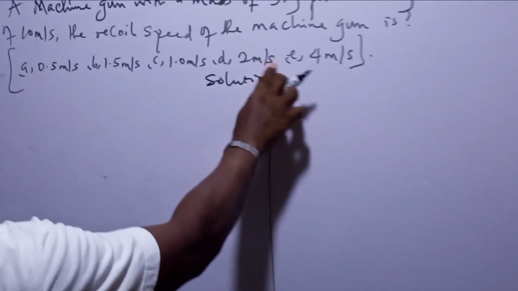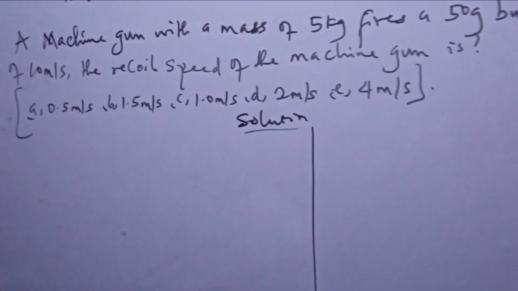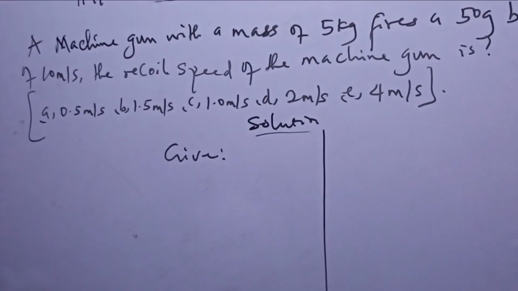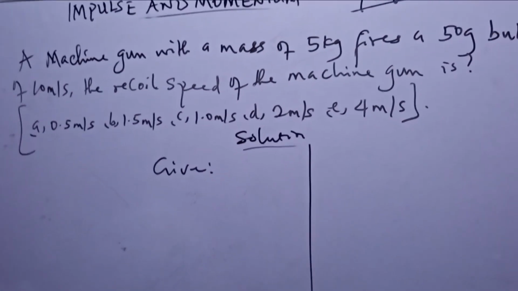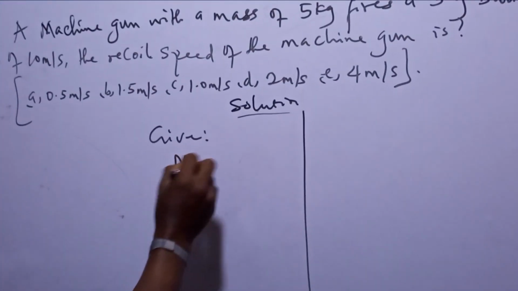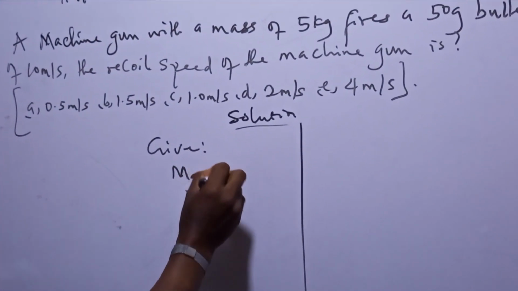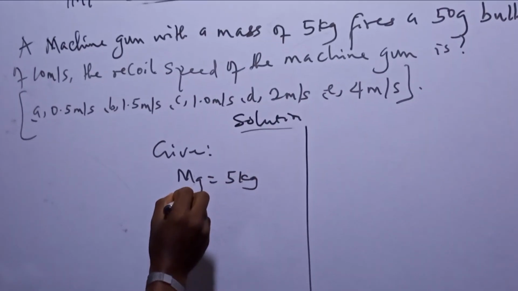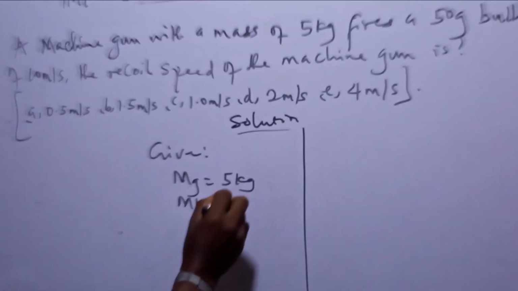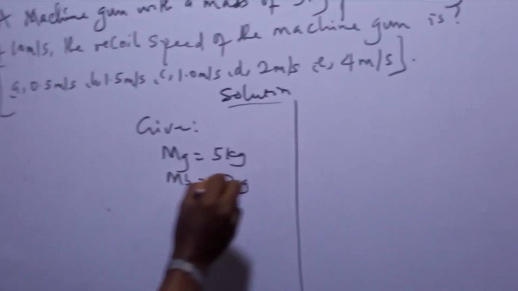As usual, given, these are the parameters we have to solve with, so that we can get the answer. We have the mass of gun stated here is 5 kilograms. Mass of bullet is 50 grams.